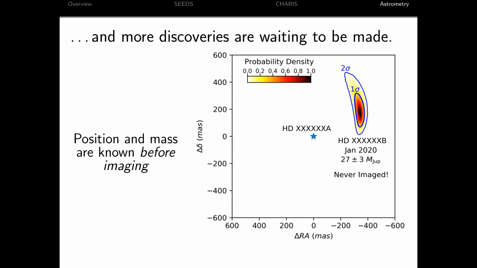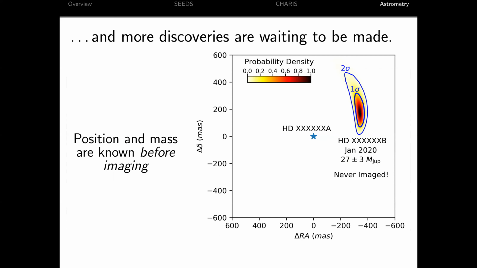And so that tells us, in combination with our measurements of the wobble from radial velocity, what's tugging it and where that tug is coming from. So in this case, we know not only how massive this planet or brown dwarf is, we know where it is, we know where to look.